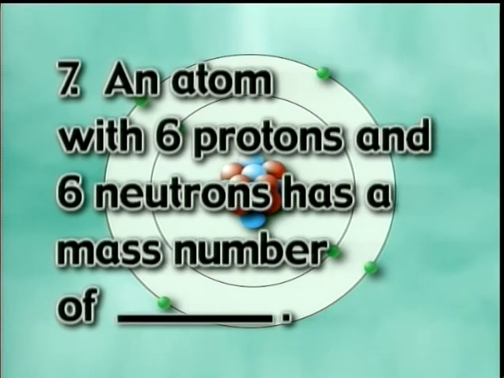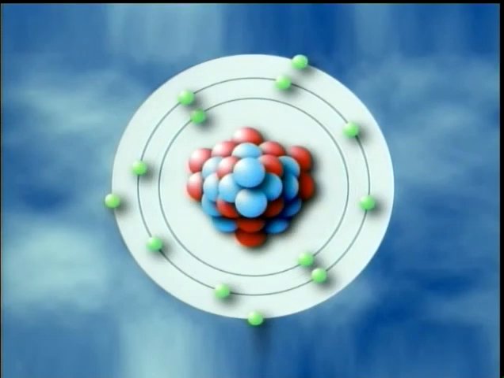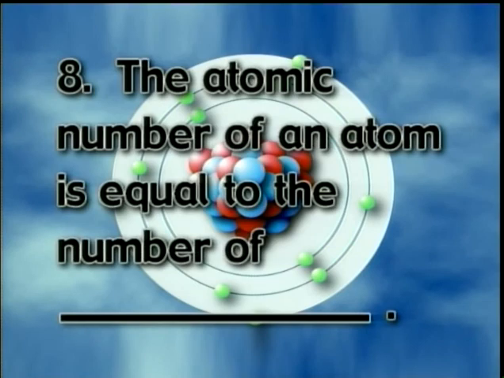Number 7. An atom with 6 protons and 6 neutrons has a mass number of. Number 8. The atomic number of an atom is equal to the number of.